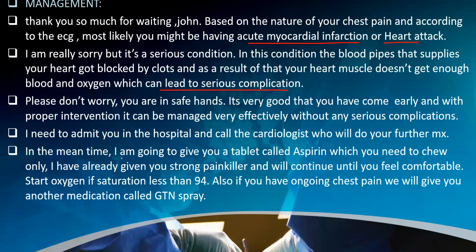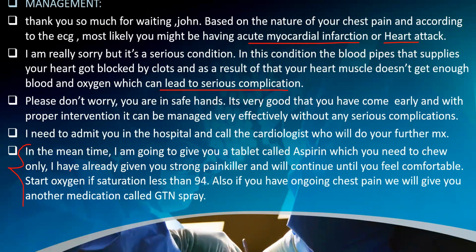In the meantime, now in here I have written aspirin. If you forgot to mention that initially, don't forget it now. So in the meantime, I am going to give you a tablet known as aspirin, which you need to chew only. This will save your heart muscle from getting damaged more.